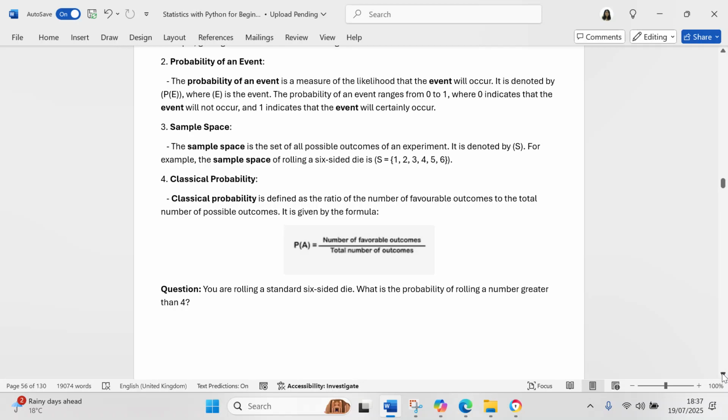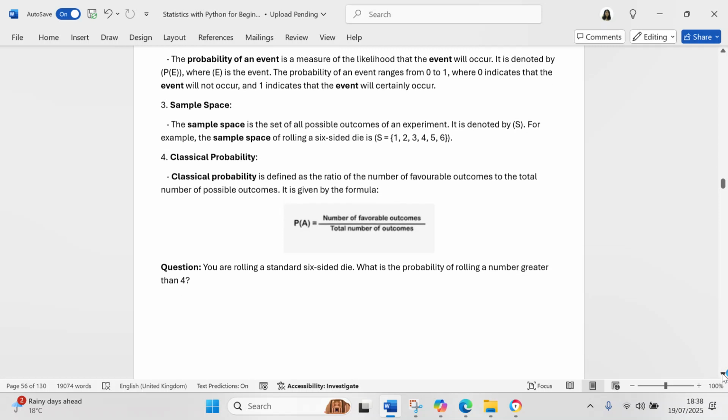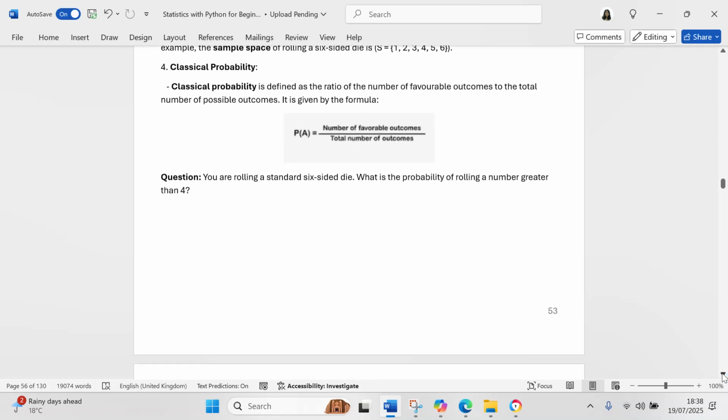You've got something called the sample space, and it's the set of all possible outcomes of an experiment. It is denoted by S. For example, the sample space of rolling a 6-sided die is S equals {1 to 6}.